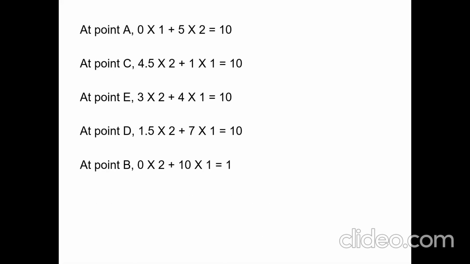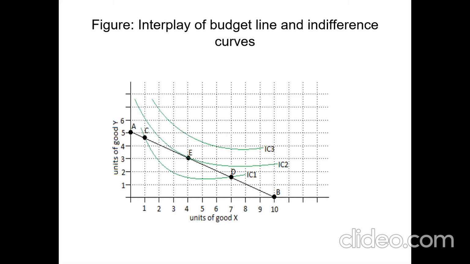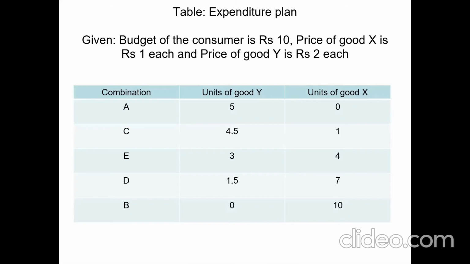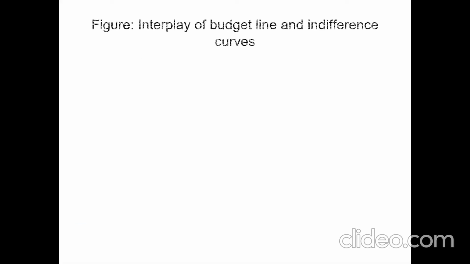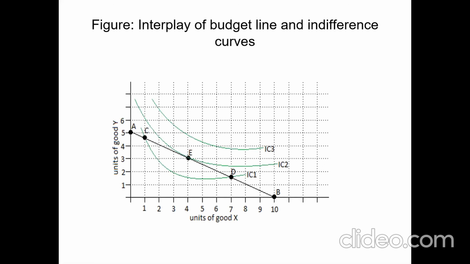A consumer can have any combination of goods that lie on the budget line, except for combinations A and B. I'm saying except because in A and B, he has sacrificed one good. In combination A, he has 0 of X, and in combination B, he has 0 of Y. Because he should consume something, that is our condition. So in either case he would have only X or Y, and that is why the A and B options are removed.